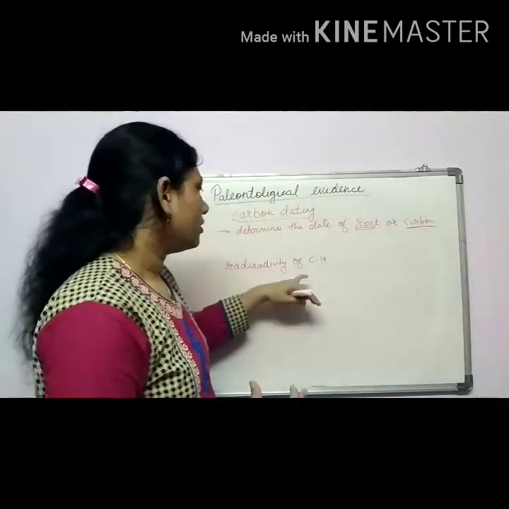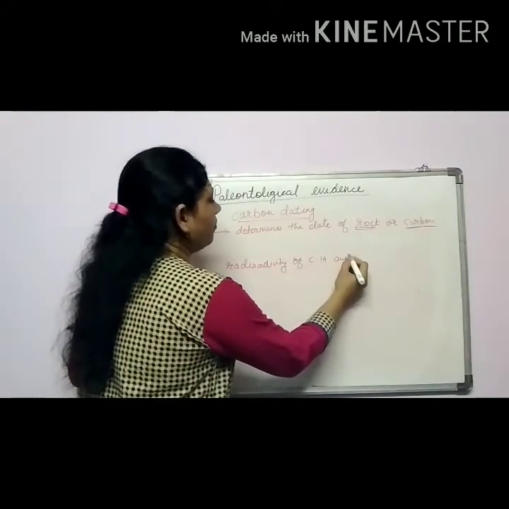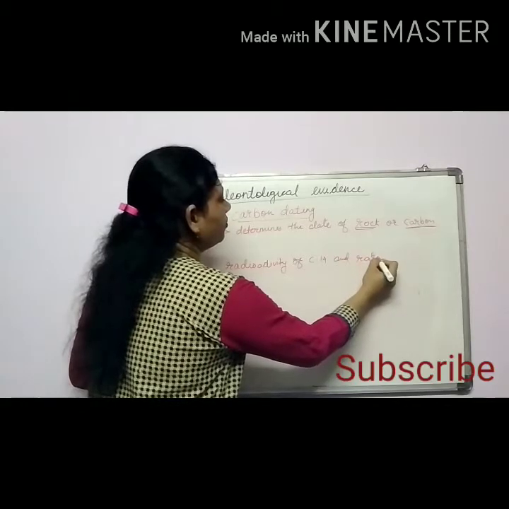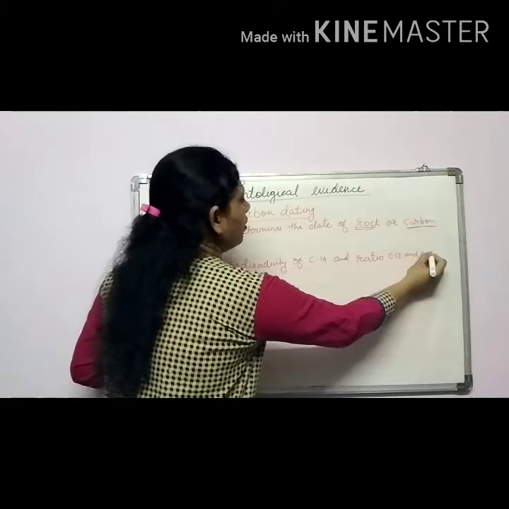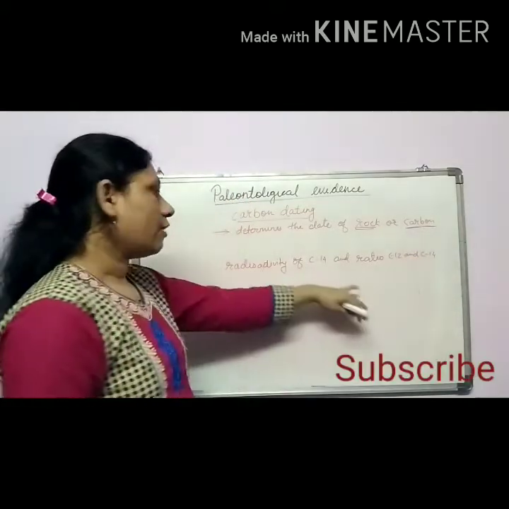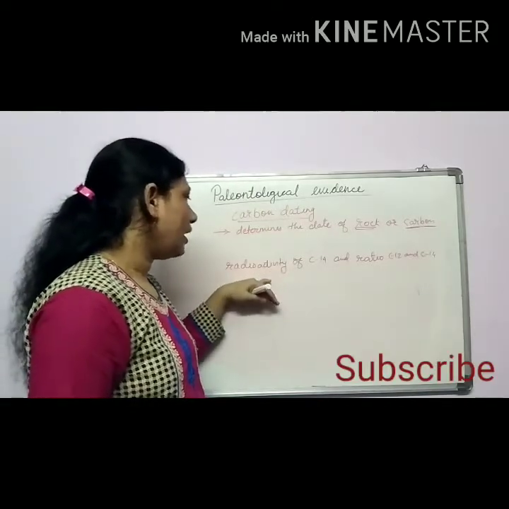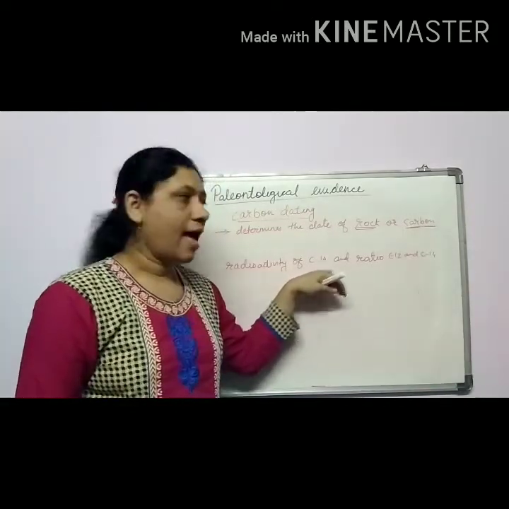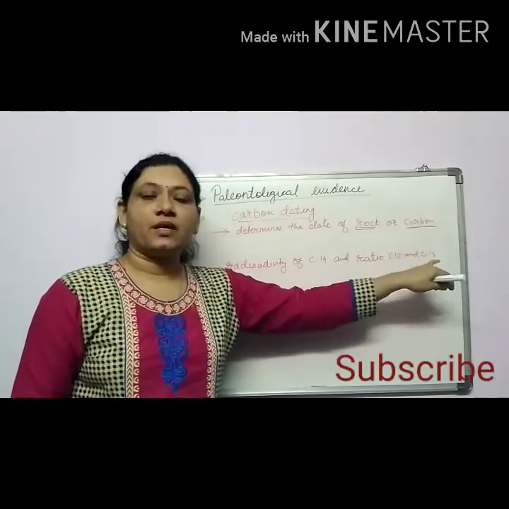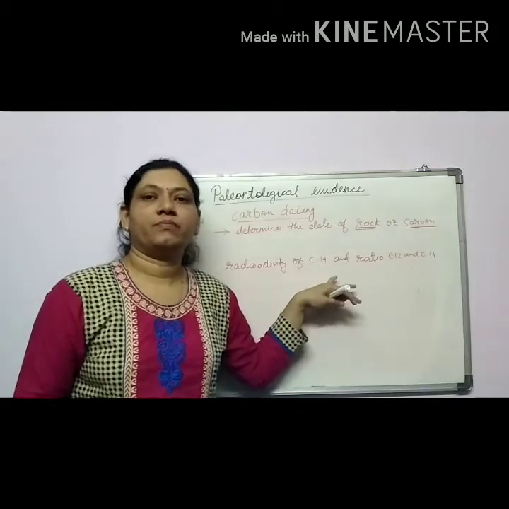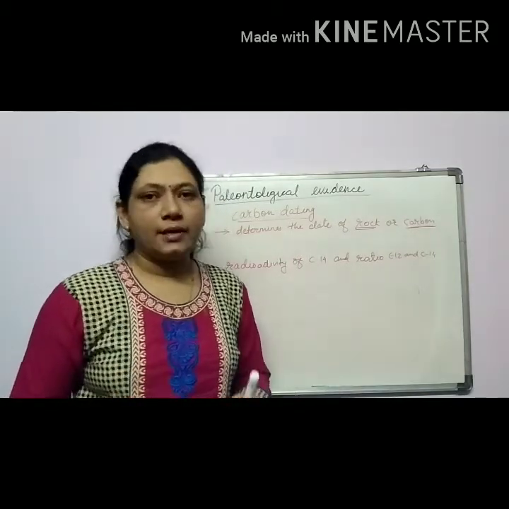Okay, so this is the ratio of C12 and C14. This is the calculation of the carbon dating. So the radioactivity of C14 and the ratio of C14 and C12. By this calculation, the carbon dating or the age of the fossil is determined.